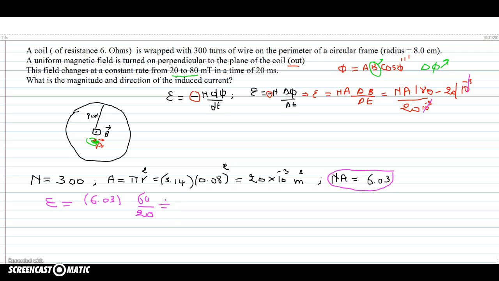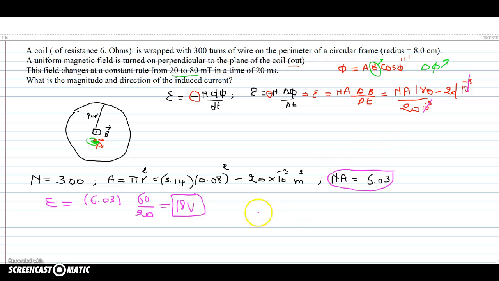So what is this? I find 18. Let's do it again: 60 times 6.03 divided by 20. Yes, 18.1, so 18 volts. So this is the induced EMF.